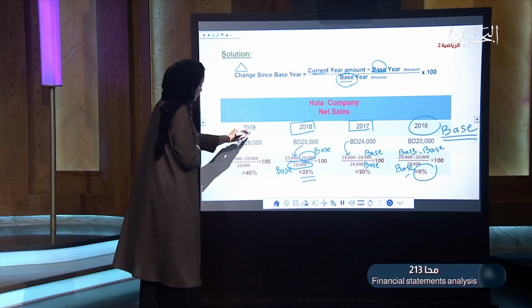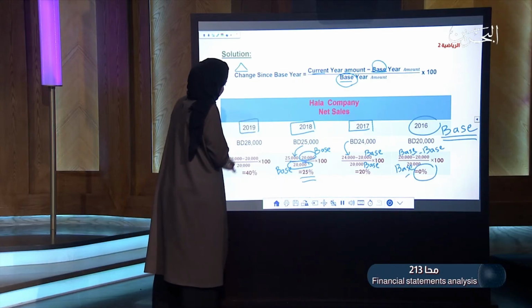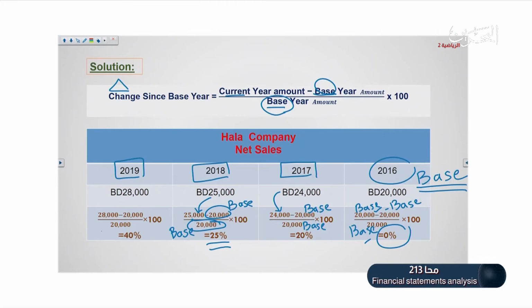Okay, let's move to 2019, which is the current year. We have 28,000. We will apply it in the formula. Minus 20,000, which is the base amount, over 20,000, which is base amount. Multiply by 100 equals 40%.